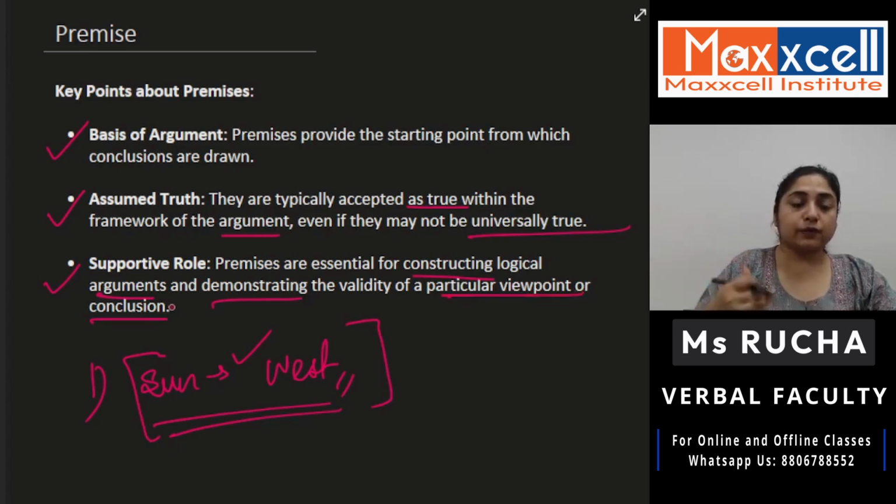So if you really want to prove that point as a valid point, premises should have proper logical reasoning to them. If it is not there, there are higher chances that you may not be able to prove that a particular argument is strong or valid enough. So this was about argument, premises, and strong and weak arguments.